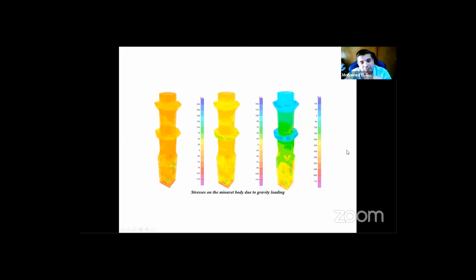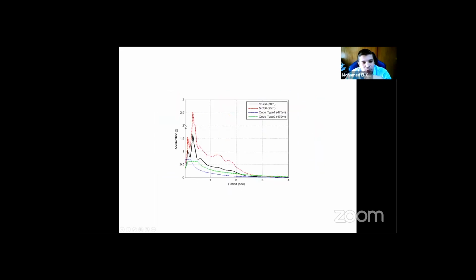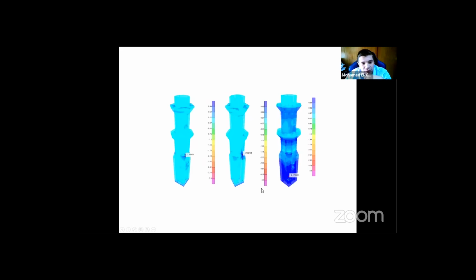Here is the building under gravitational load, which is very normal without any earthquake. The stresses are okay. We have no problem, and we don't expect any high stress. When we apply earthquake scenarios, we applied different scenarios, the 1992 earthquake, and also the worst-case scenarios.